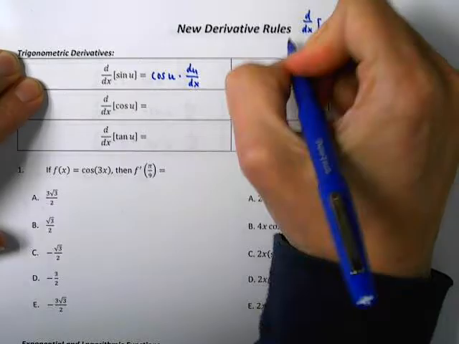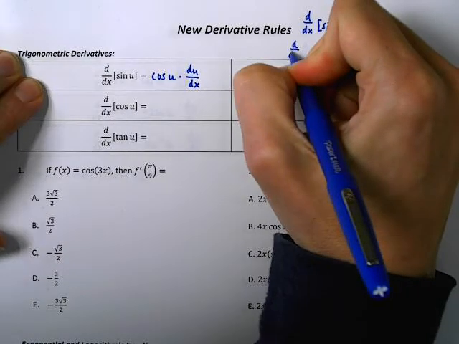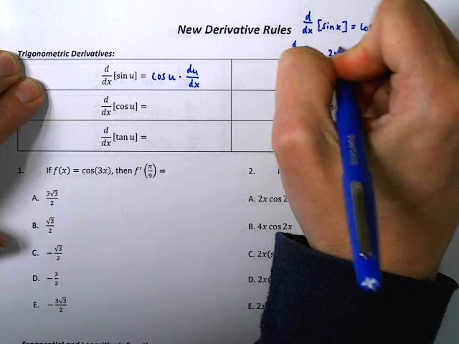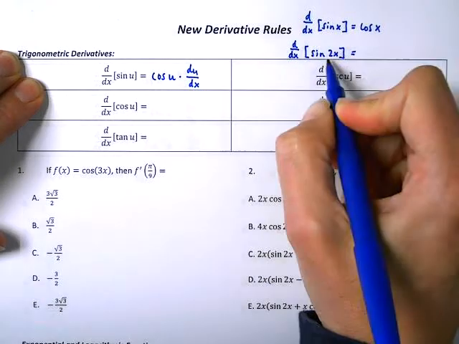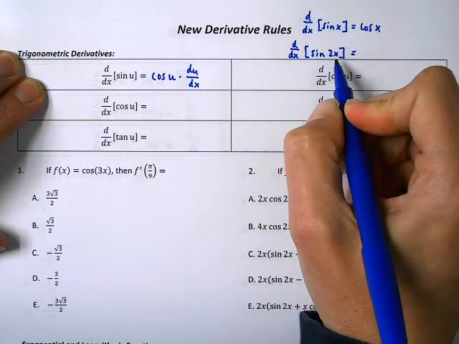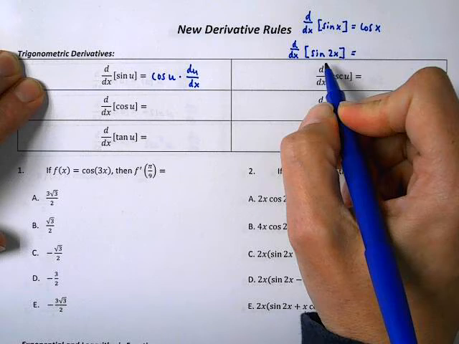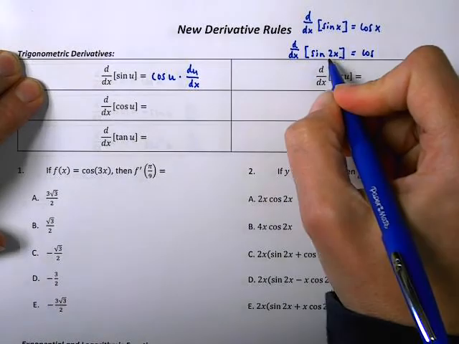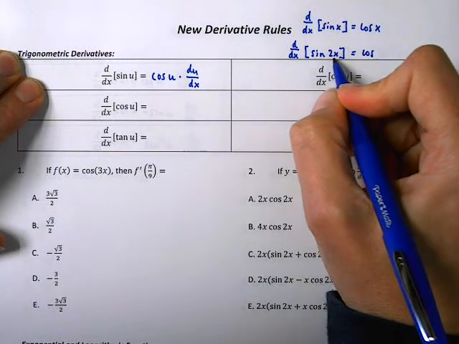Now, if this were to look like the derivative with respect to x of, let's say, sine of 2x, now we know we've got some chain rule going on because of this 2x. So the derivative of sine is going to be cosine. And we know when we do chain rule, our inner function stays the same at first.